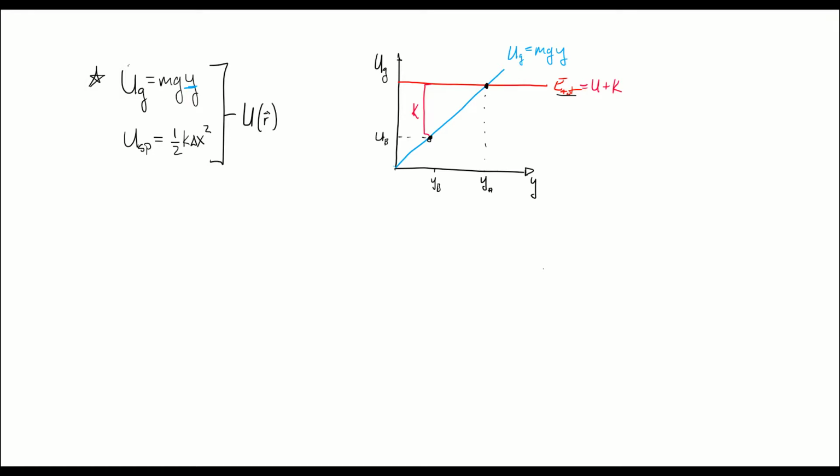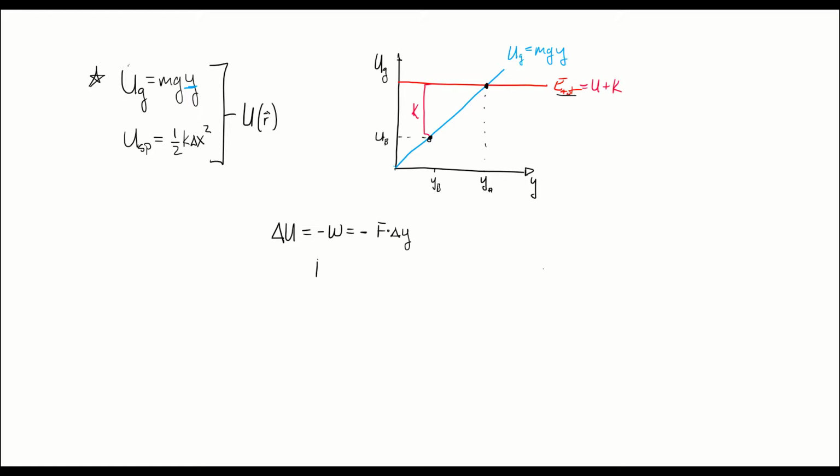Another thing we're able to do is think back to how we defined our potential energies. Remember, the change in potential energy was the negative of the work done by the force of the interaction in our system. And we know that work was just the force dotted with our displacement, in this case, delta y. So we have the change in potential energy equal to negative the force dotted with delta y.